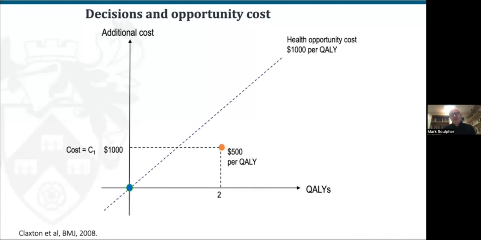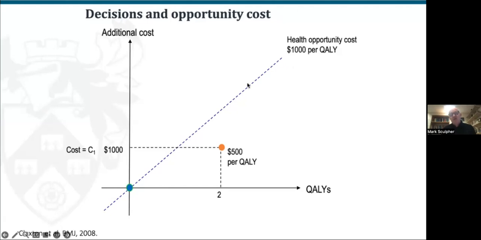The question is, that $1,000 has to come from somewhere in the system. It's additional. We have to find that by doing less of something else. So we need to know how much health the system will have to give up to find another $1,000 per patient.